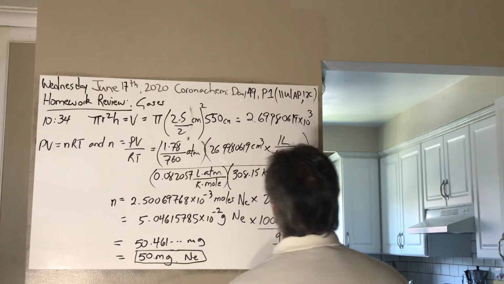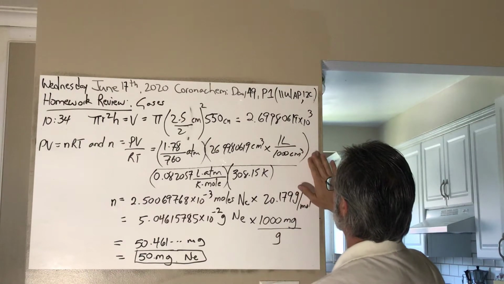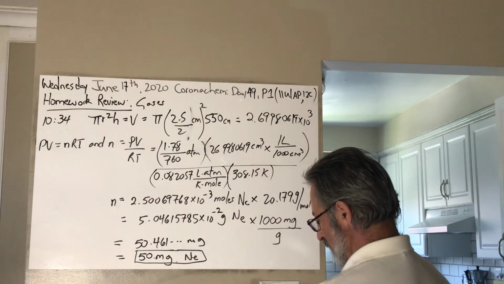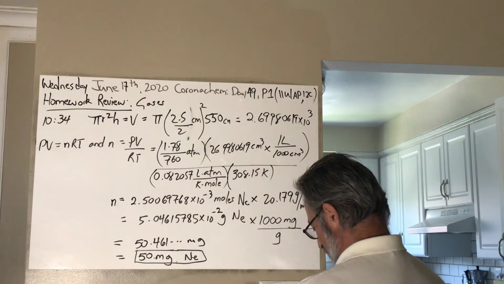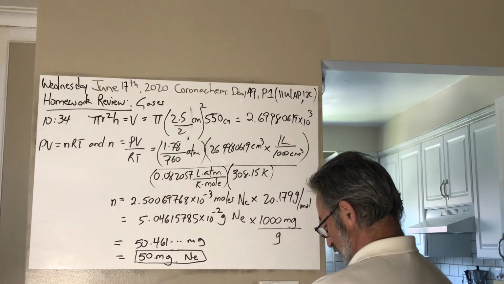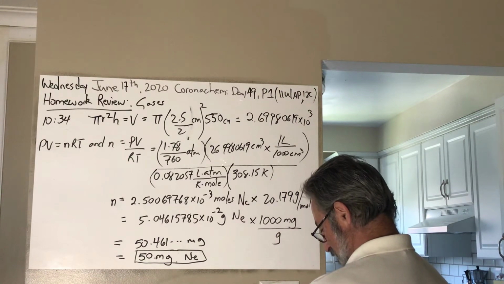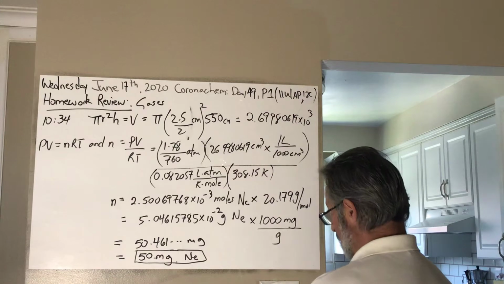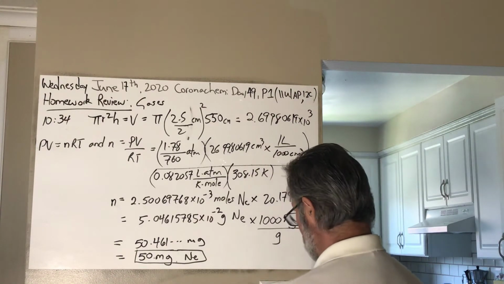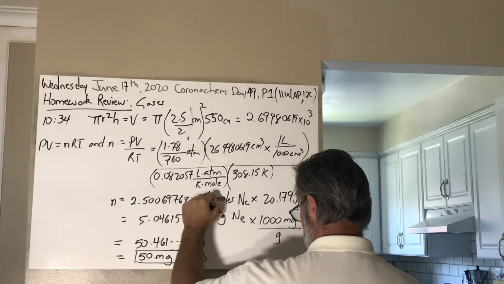That all stays the same, okay? Divide by 1,000 to get liters. Multiply by 1.78. Divide by 760. Divide by 0.082057. And divide by 308.15. And that tells us the volume, which is 10 to the negative 4 moles.